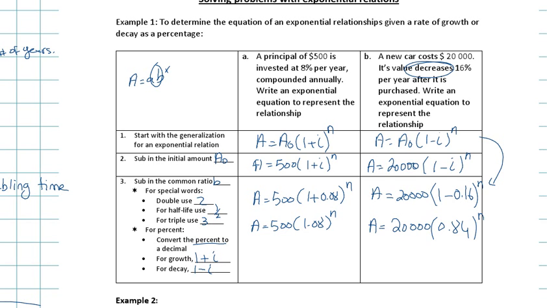Any questions? How to read the hint? What happened between this and this? A new car costs this much and the value is decreasing at this rate per year after the purchase, write an exponential.